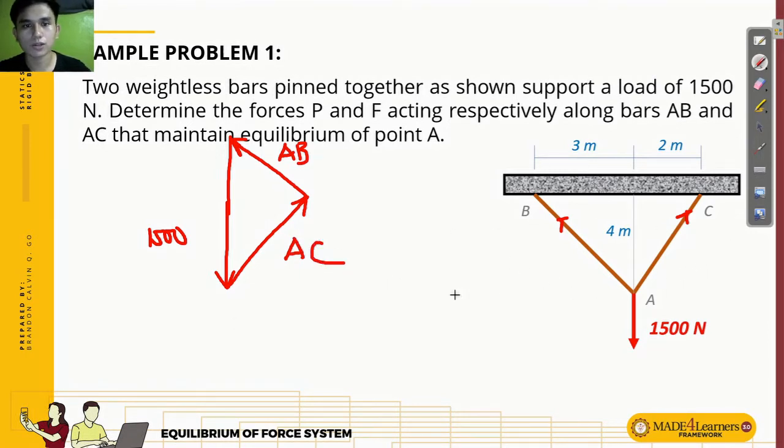AC. Okay, so if you cannot solve it, you can solve using the angles. Okay? So let's say this is theta, this is alpha. So given the dimensions, we can solve alpha using tangent, di ba? So theta is equal to arctan, opposite 4 over adjacent 3. Okay.